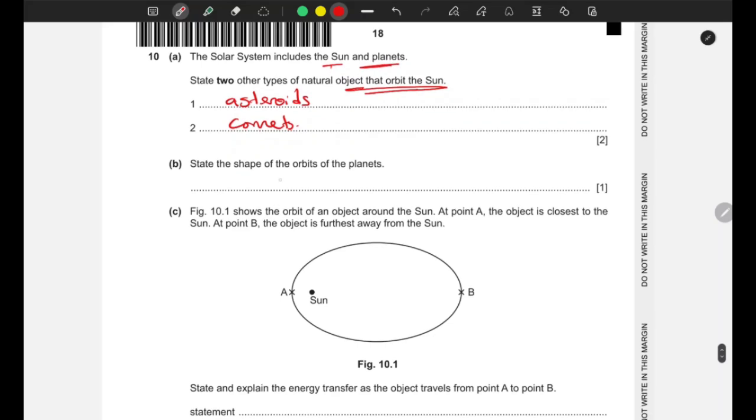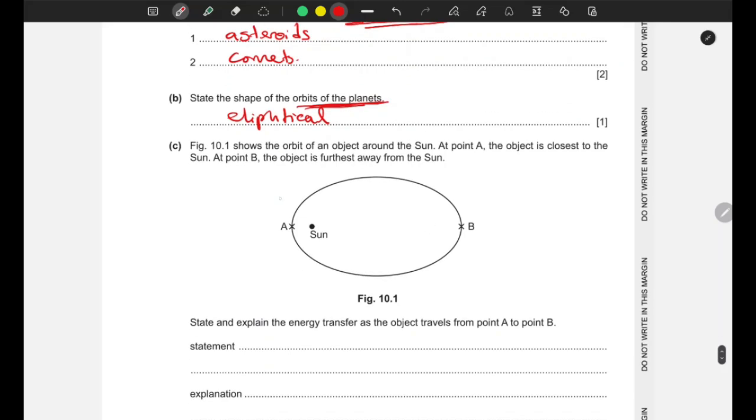State the shape of orbits of the planet. So it's elliptical. It's not a circle, it's elliptical. The shape is something like an oval, and the sun is not exactly at the center.